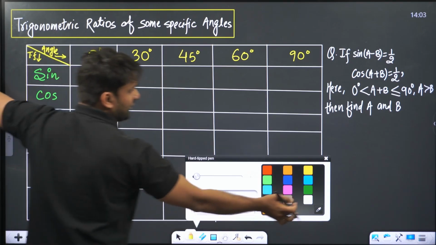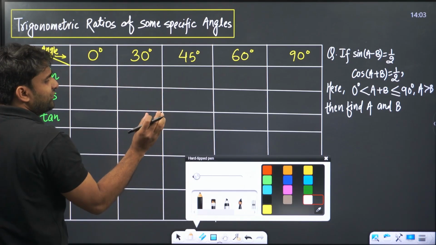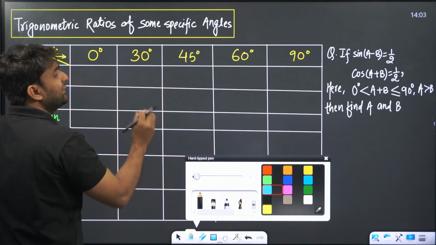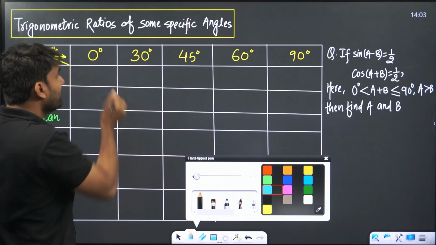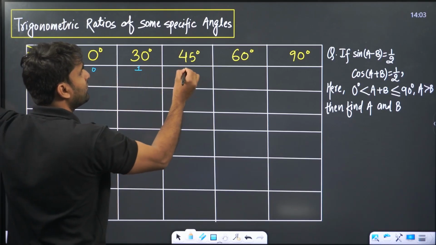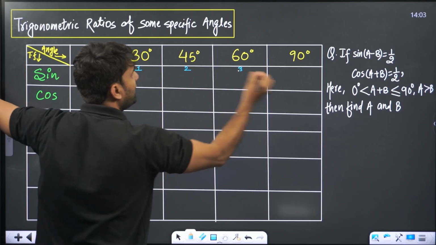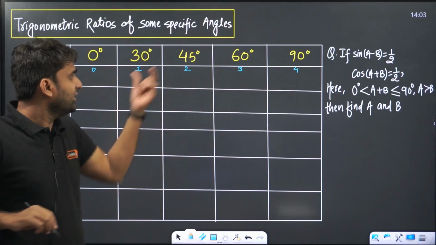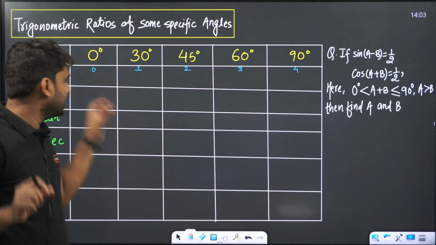Listen, fill all the boxes with counting from 0 to 4. So this will be 0, 1, 2, 3 and 4. I am writing the numbers a little small because I need space here.